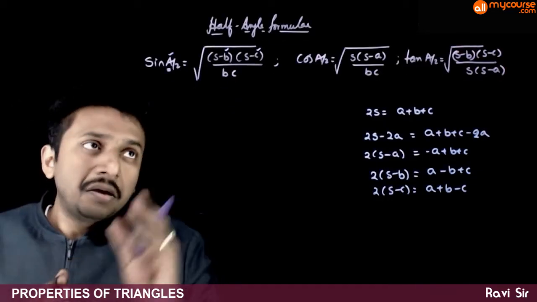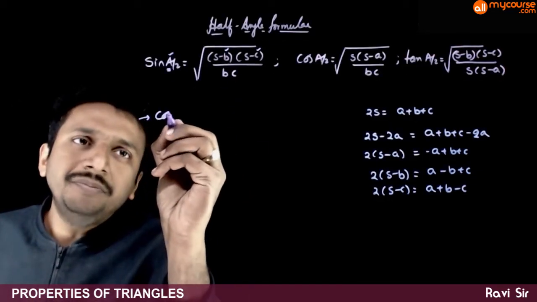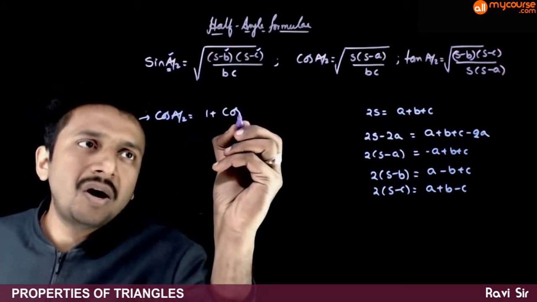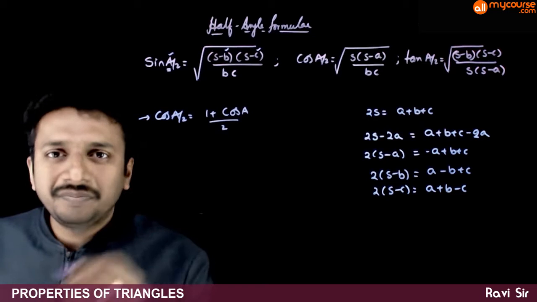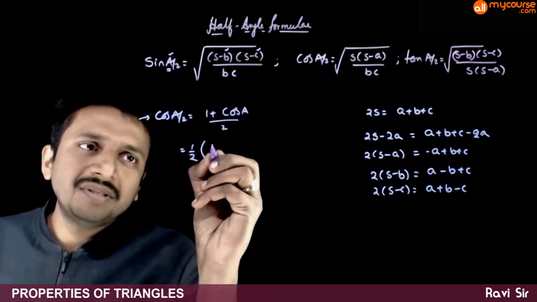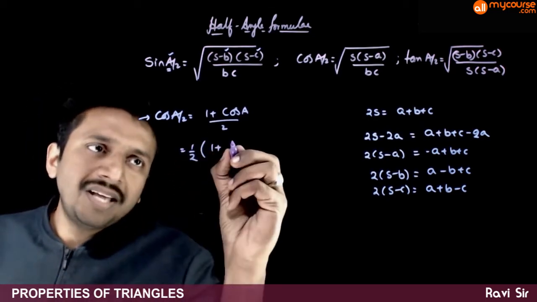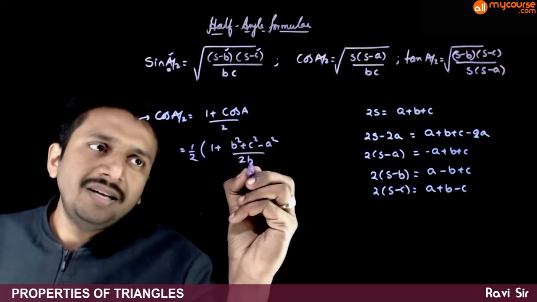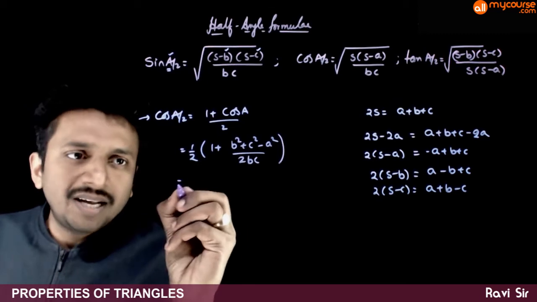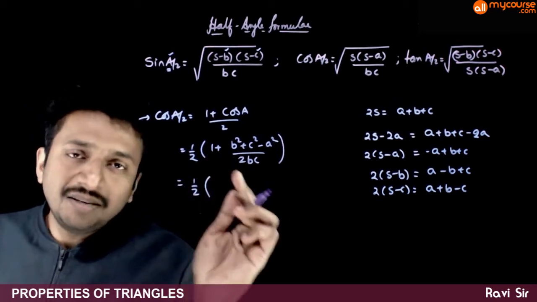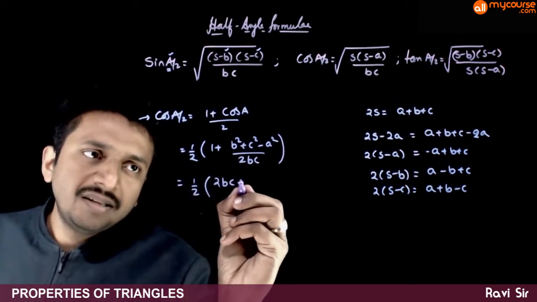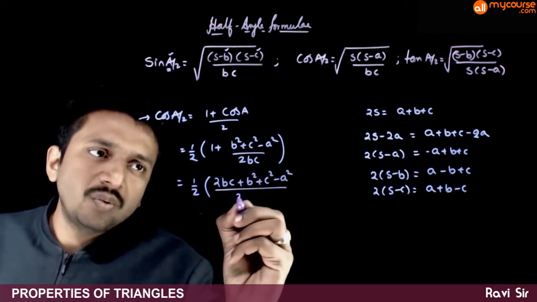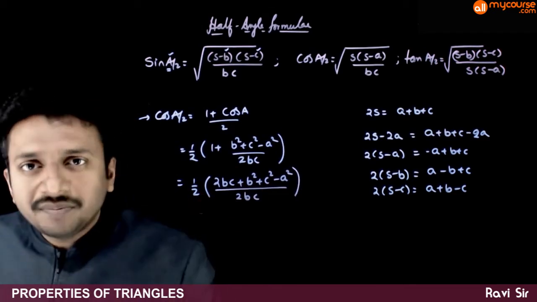So next, cos square A by 2 is equal to, the formula is 1 plus cos A by 2. That's nothing but half times 1 plus cos A, which is B square plus C square minus A square by 2BC. That is equal to half times, if you take the LCM, 2BC plus B square plus C square minus A square by 2BC.